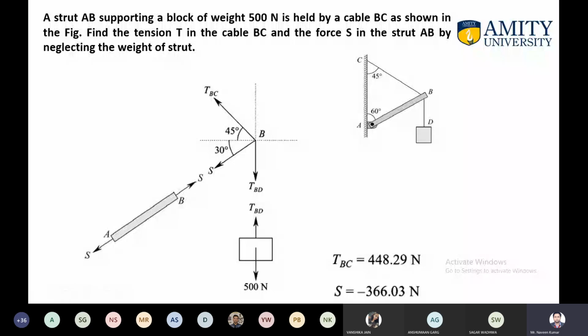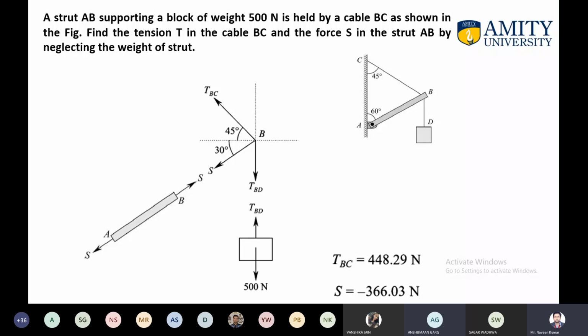Try to solve it and tell me the answer you are getting. Can you solve this problem?